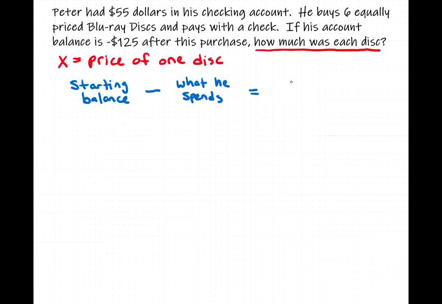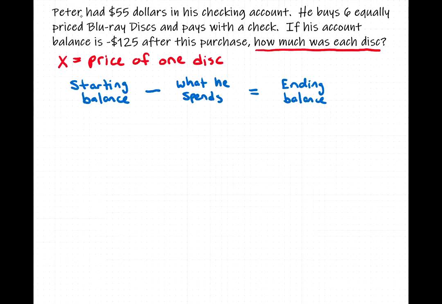Well, that should equal his ending balance. So the starting balance is the money before the purchase, and the ending balance is the money after the purchase.